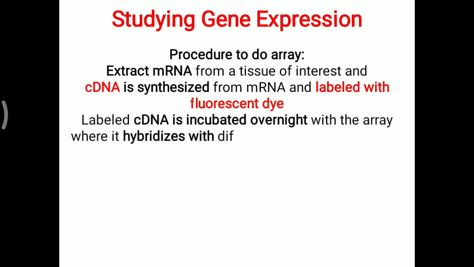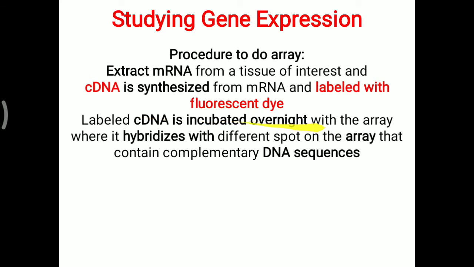Now this labeled complementary DNA is incubated overnight with the array. It hybridizes with the different spots on the array that contain complementary DNA sequences. If a complementary sequence is present, then it will be hybridized.